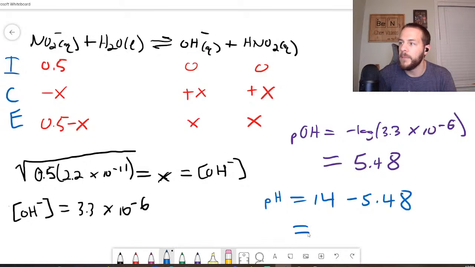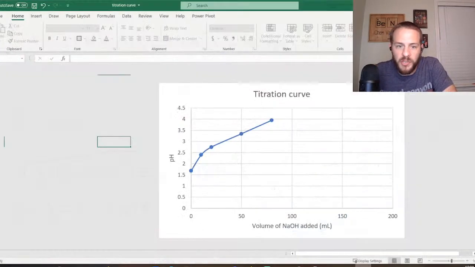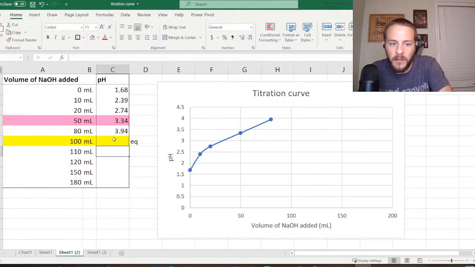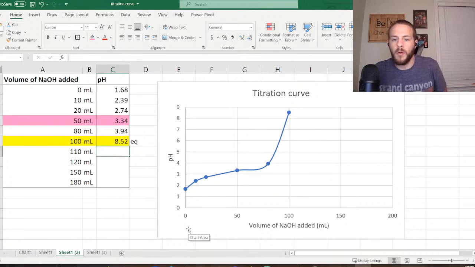And so finally, our pH ends up being 8.52. Let me hop into the spreadsheet and populate the appropriate cell with that, 8.52. So that's the pH at our equivalence point.